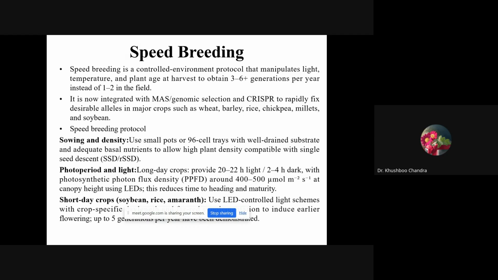If we have a crop like maize, we can go for three crop cycles per year. But for different crops, we have the opportunity for summer kharif or kharif and rabi.